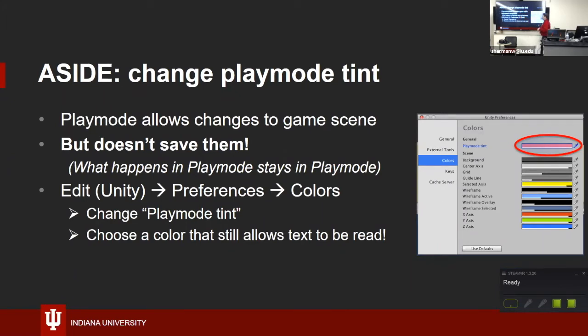So you lose all those changes, which is good if you want to experiment and then go back to where you started. But if you want to save those changes, then you're out of luck. So it's very important, I think, to make sure you know when you're in play mode. Unity provides this thing called play mode tint, which gives you a color. I like something kind of light so you can still read the text. And I'll show you that when we jump back from the slides.